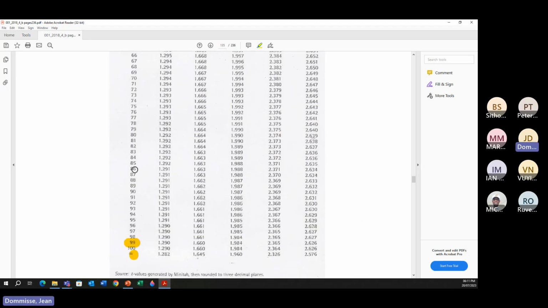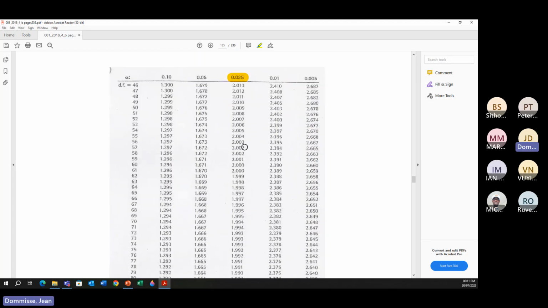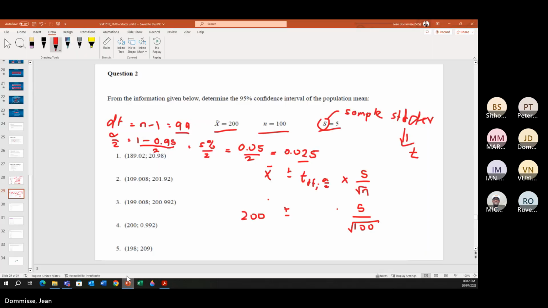We're working with 99 and 0.025. So we have a number of 1.984.